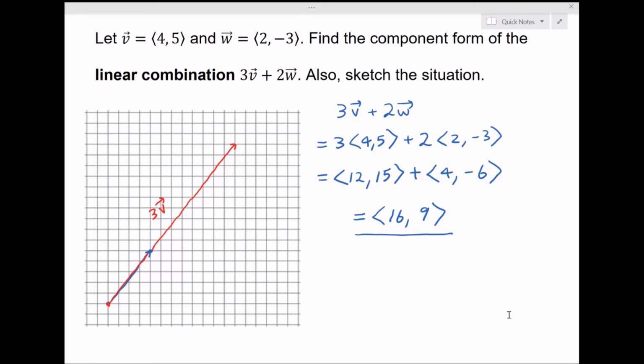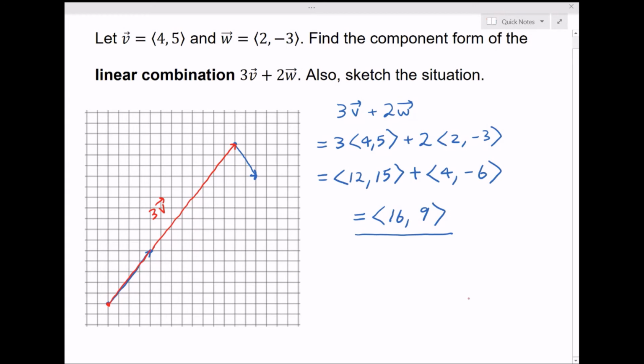Now, what about w? So we're adding 3v and 2w, right? So we're going to start at the head of 3v, and that's like our new origin, if you will. And then the original w is 2, negative 3. So we go right 2, down 3, and this would be our original w.